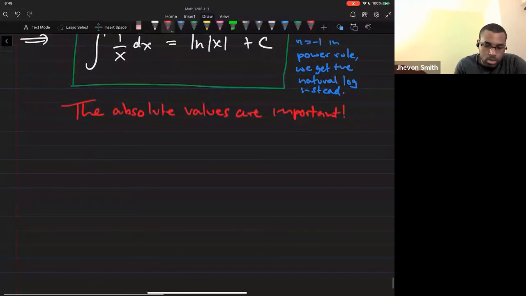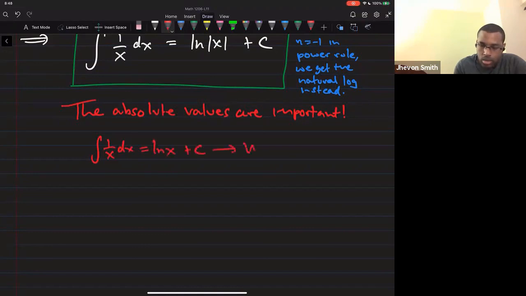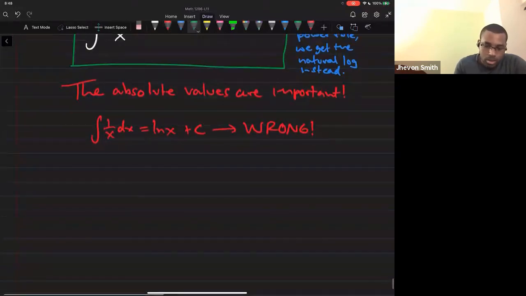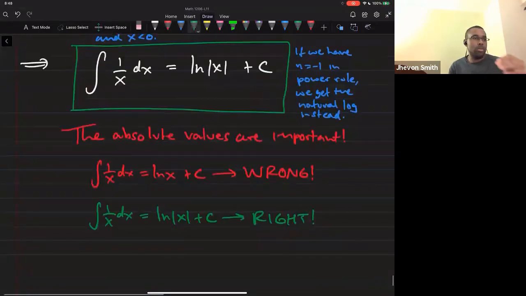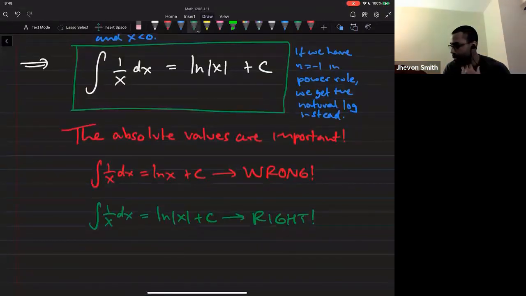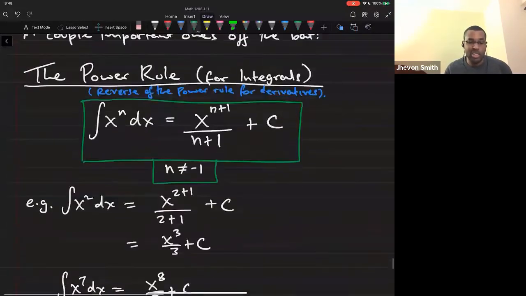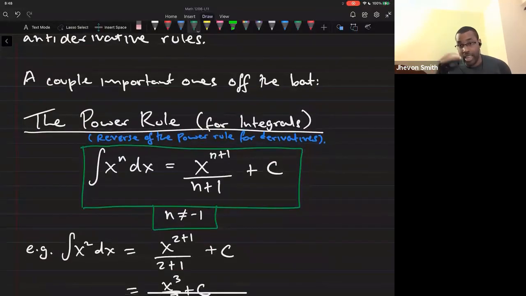Okay, so if you say the antiderivative of 1 over x dx is ln x plus c, this is wrong, right? The antiderivative of 1 over x dx is ln of the absolute value of x plus c. Okay, so the absolute values are important. Don't neglect them. So that gives you 2 rules that you can apply in general.